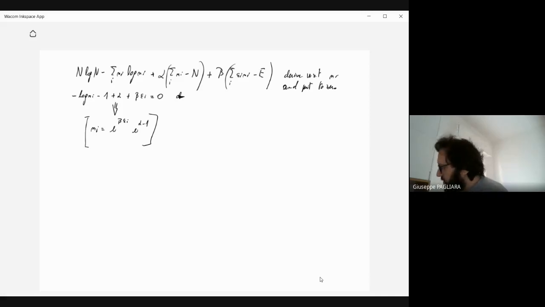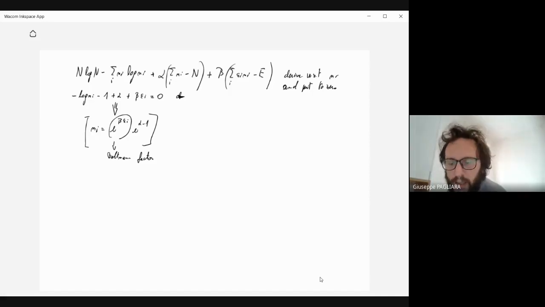In this case, it's not the case anymore, because the probability of a single state depends on the energy associated with that state. I have a factor here which is called the Boltzmann factor, which tells me that the probability of a certain energy level is proportional to e to the beta epsilon i, where beta must still be determined.